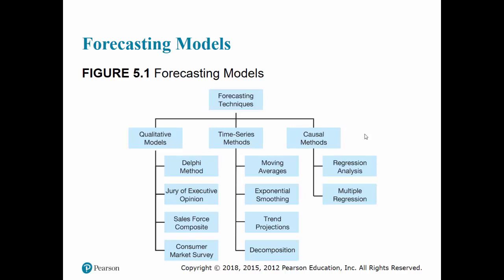And we've already discussed regression analysis in the previous chapter, so we will not be getting into that in this chapter. So in this chapter, when we talk about quantitative analysis, we're going to be looking at these time series methods. Okay. So now let's look at the qualitative methods one by one.